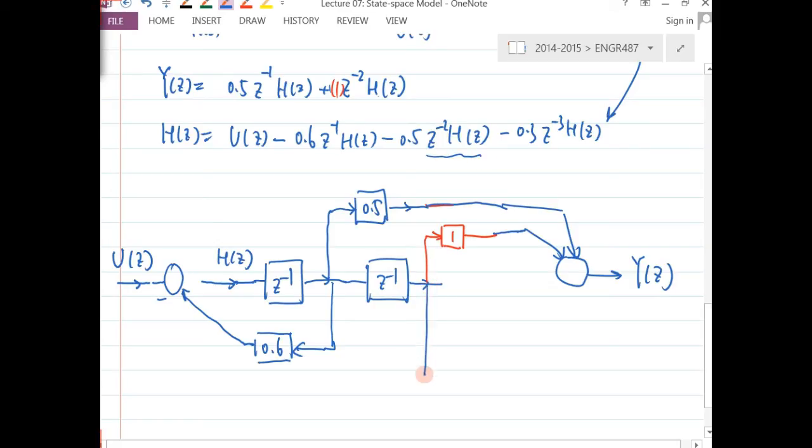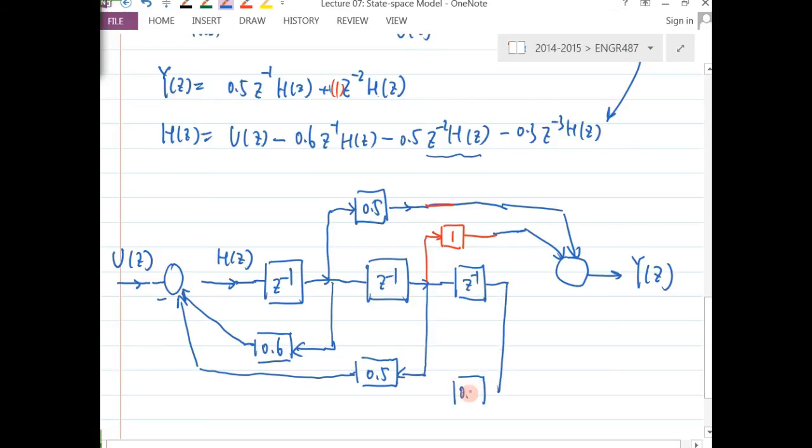So we need to have another one in here, 0.5, and then feedback here. Well, there's one more right here, right? There's one more, which means we are going to delay another block right here, and the signal out of here will be multiplied by 0.3, and then feed back this guy.